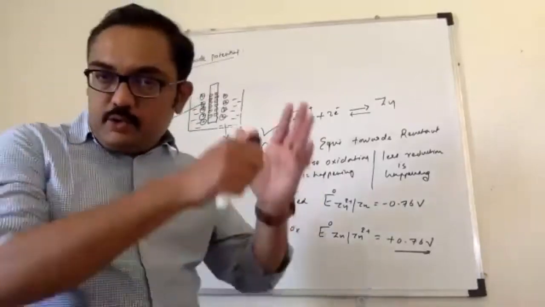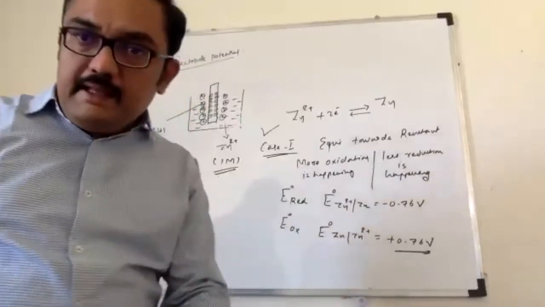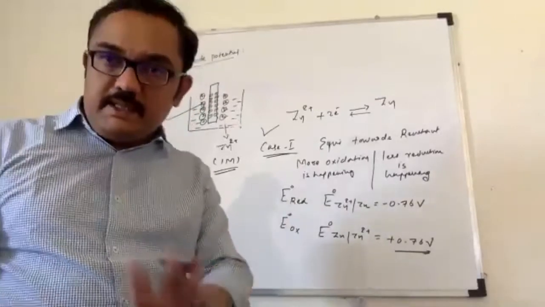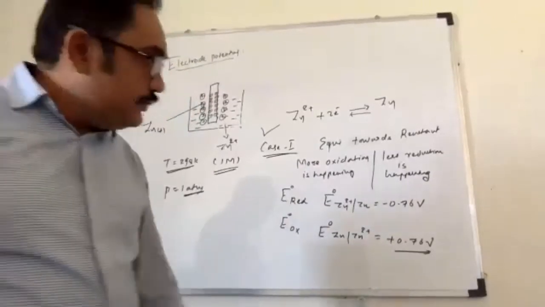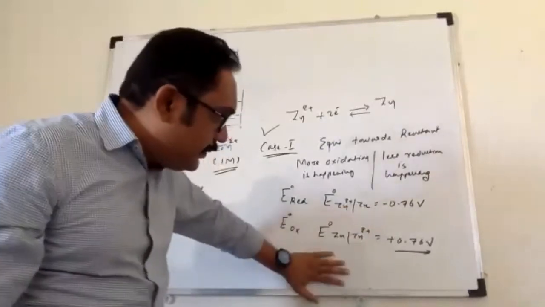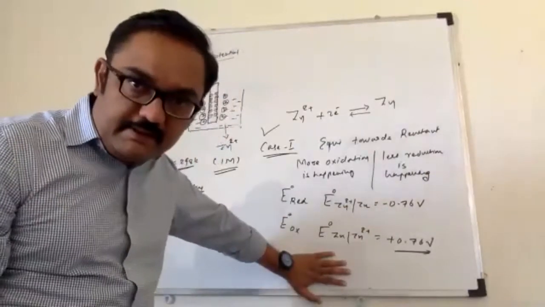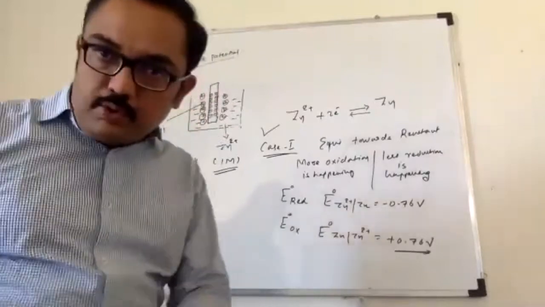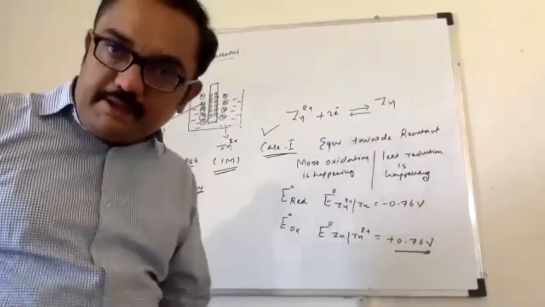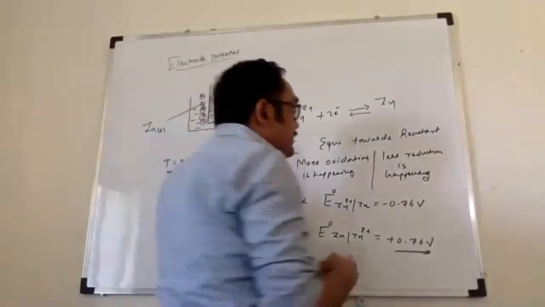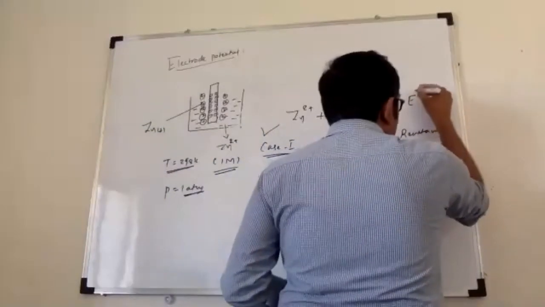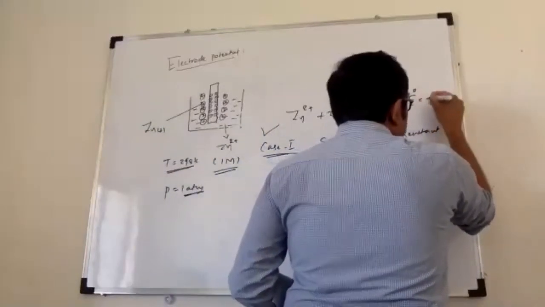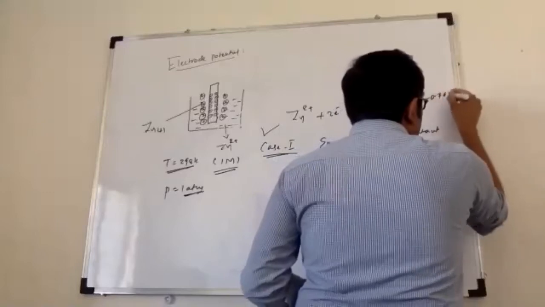So throughout the chapter, mainly we will talk about standard reduction potential. So the standard reduction potential of Zn is minus 0.76 volt.